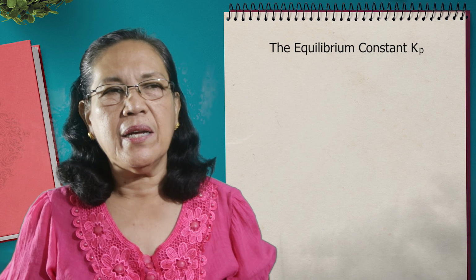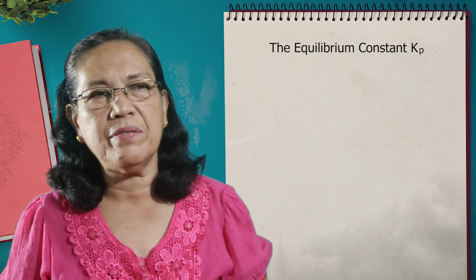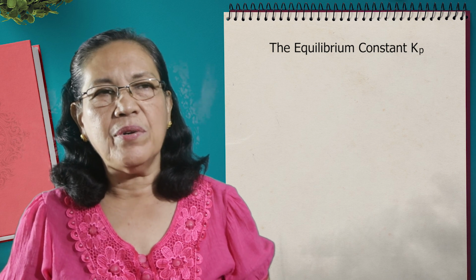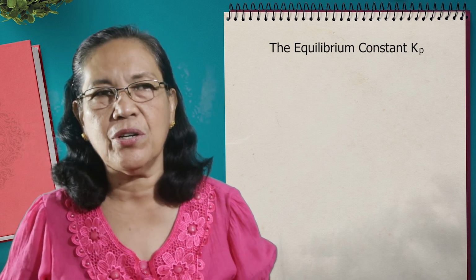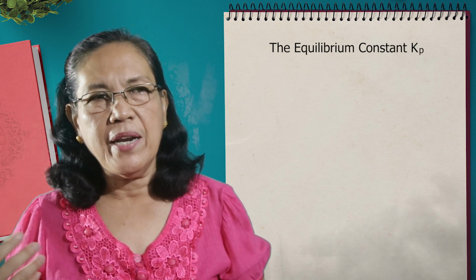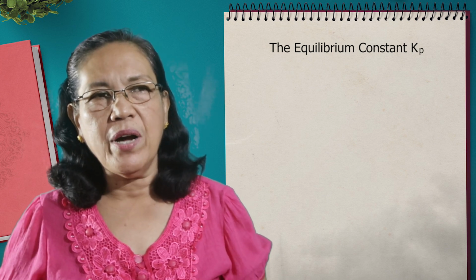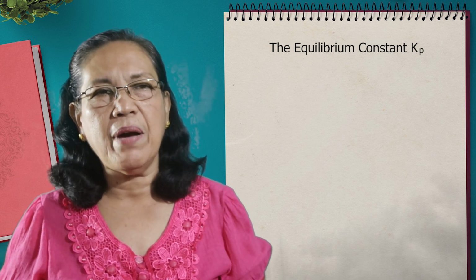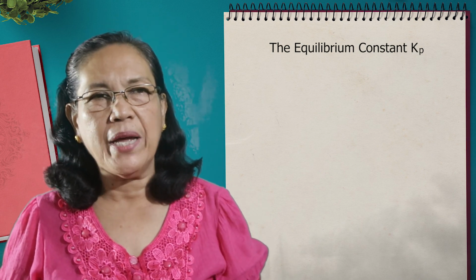Why 1? Because in the products you have 2 moles of gases, that of phosphorus trichloride and chlorine gas. So you have 2 moles at the right, and in the reactant you have only 1. So 2 minus 1, your delta n is plus 1.